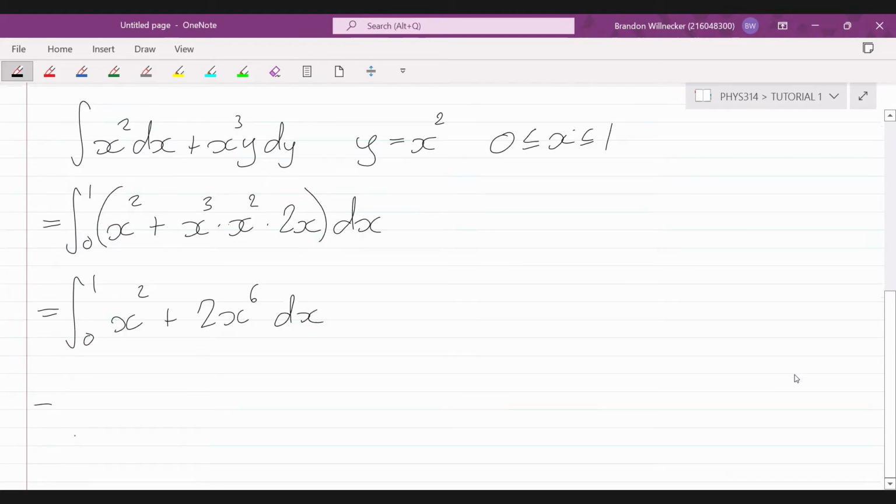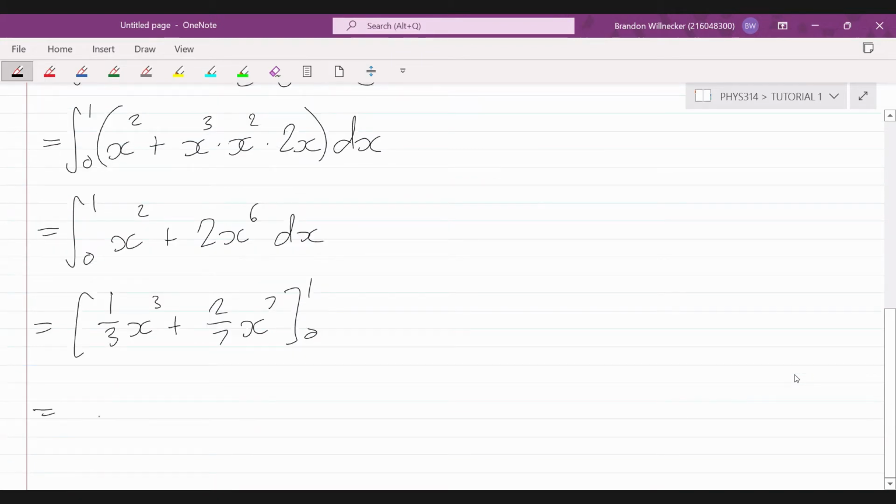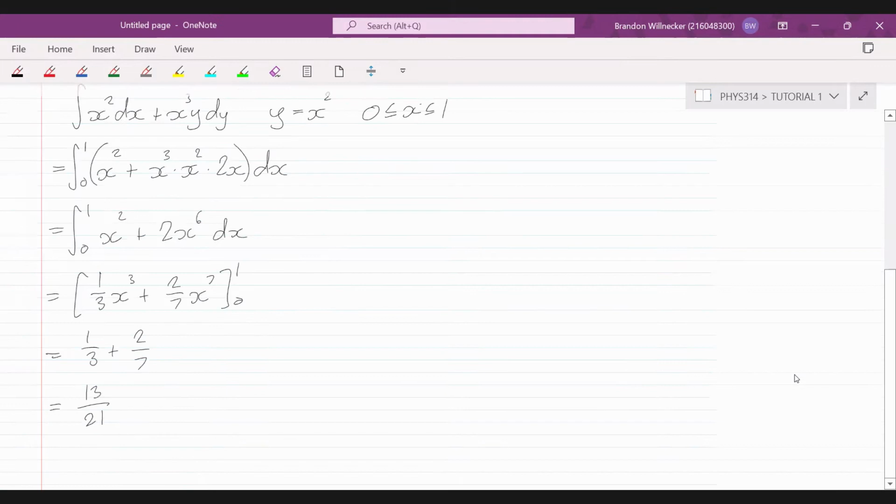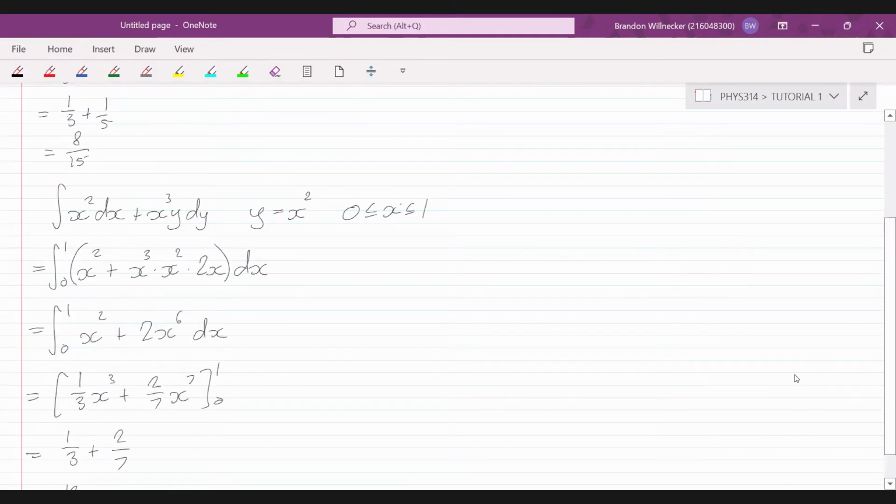Integrating this, we're going to get 1/3 x cubed plus 2/7 x to the 7 from 0 to 1. That's going to be 1/3 plus 2/7, so that's going to be 13/21. Okay, and as expected, we get a different answer because we took a different path.